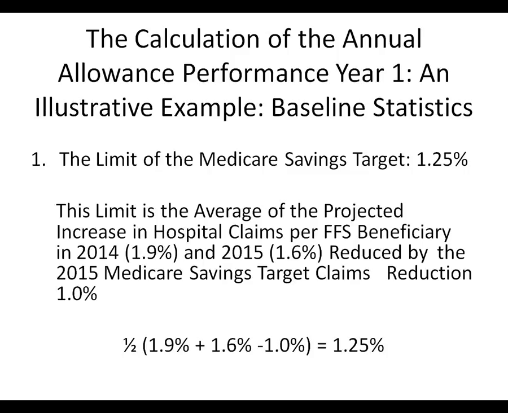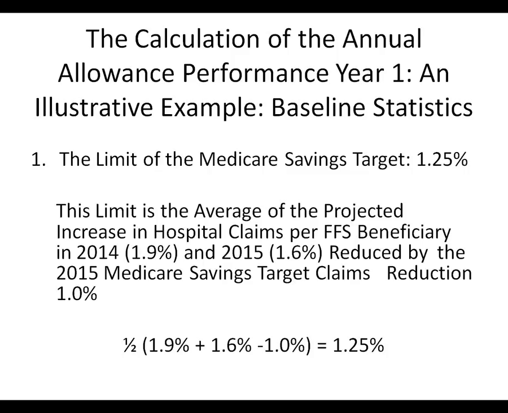And in the second year, 2015, the Medicare savings target requires that the state beat the 2015 increase by 1%. Now, it would be very, very unwise to try to have that 1% savings realized solely in 2015 and have no savings in 2014. So in this little equation at the bottom, I've combined the 2014 and 2015 increases and offset them by the 1% savings target requirement and averaged them over 2 years.